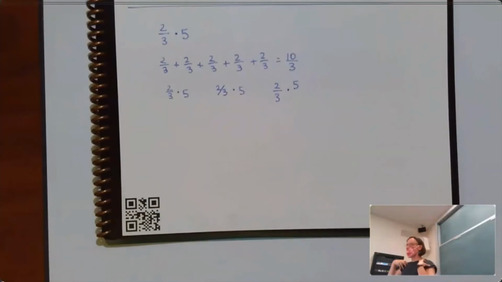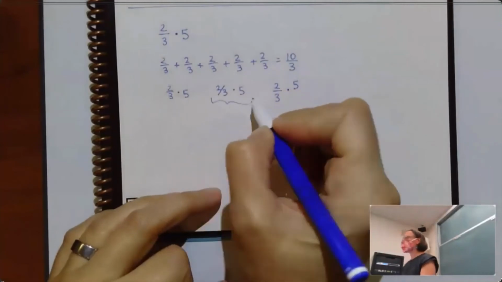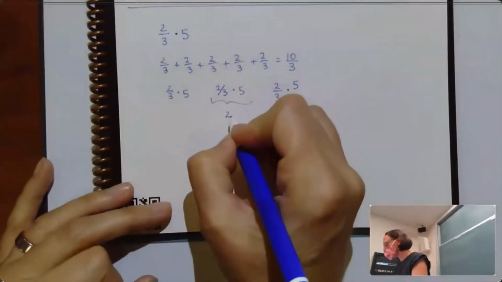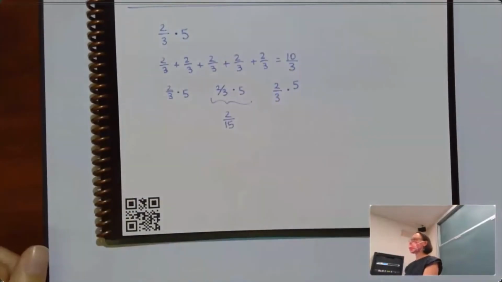I think part of it is because of the size and the height of the numbers, especially this one. This one really has a tendency to turn into 2/15. Use more paper, write bigger, invest in a small whiteboard, but don't let your handwriting be the reason that you're making math mistakes.